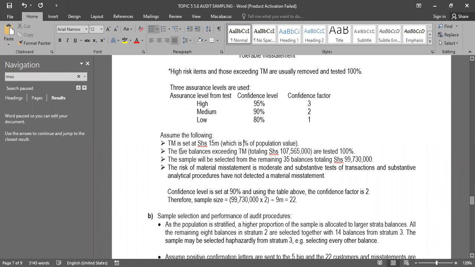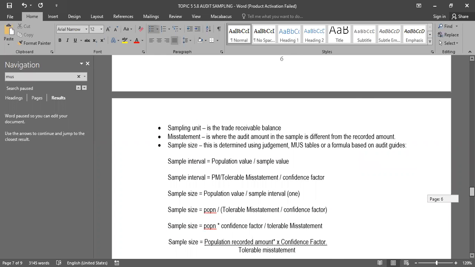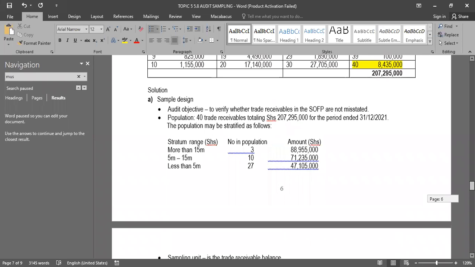Then the 5 balances exceeding. Okay, now what is exceeding tolerable misstatements? The 15M will not be 5 balances like you're putting it here, because what I have here, if you may check, items that exceed 15M are only 3, and they're valued at 88 million.